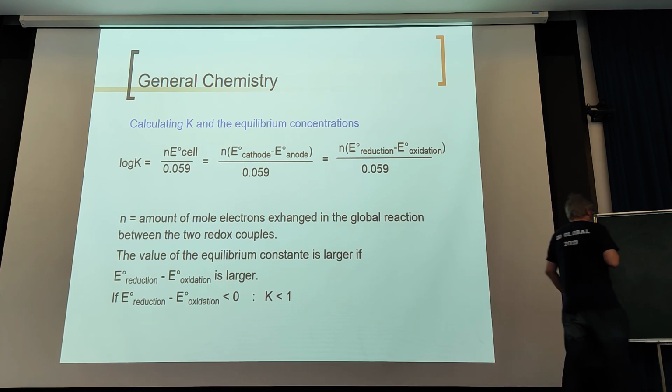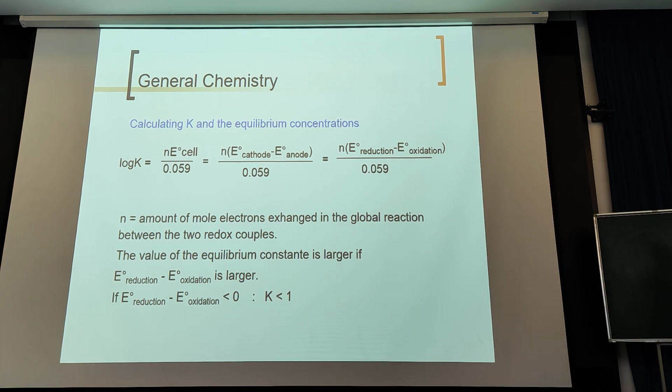In general, what you can say is that for any reaction you determine what is happening at the cathode, in other words where the reduction is, and what is happening at the anode, where the oxidation is. You look at their standard reduction potentials and you make the difference between the two.